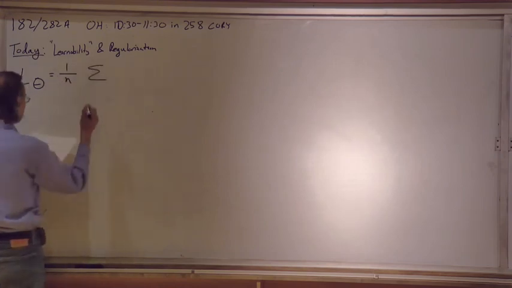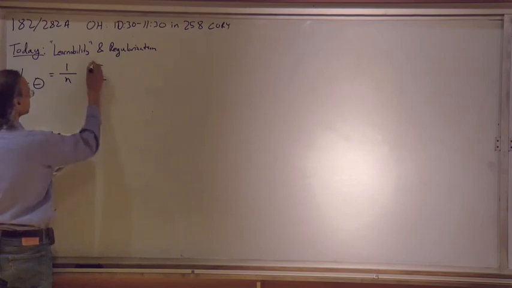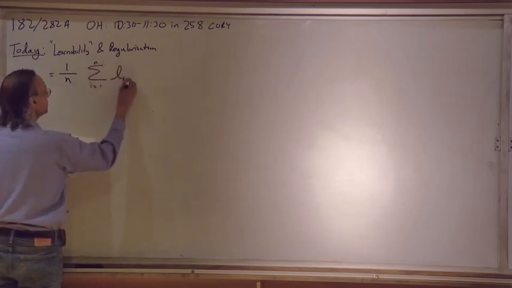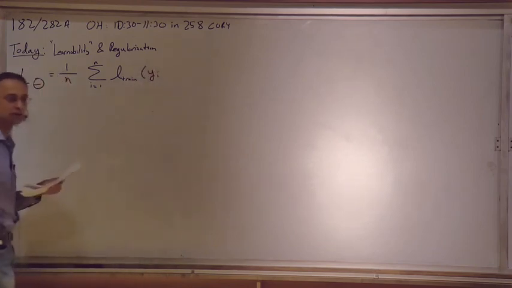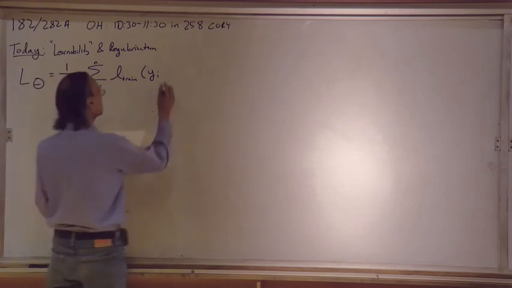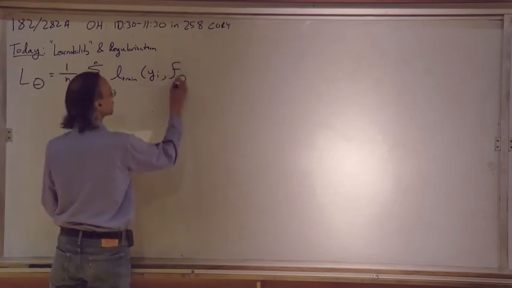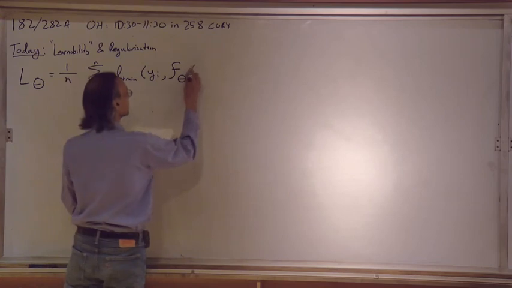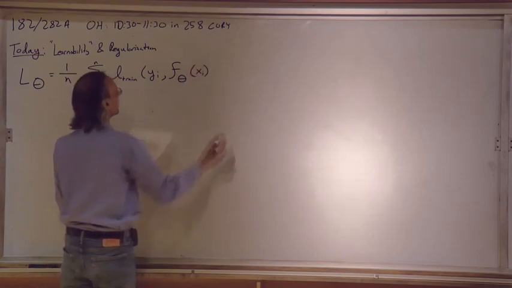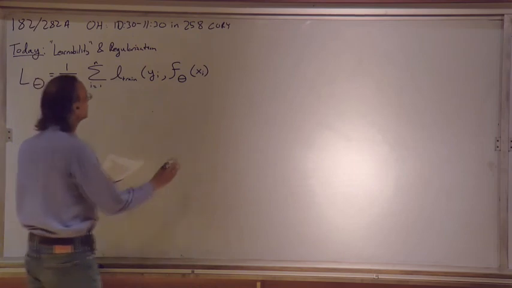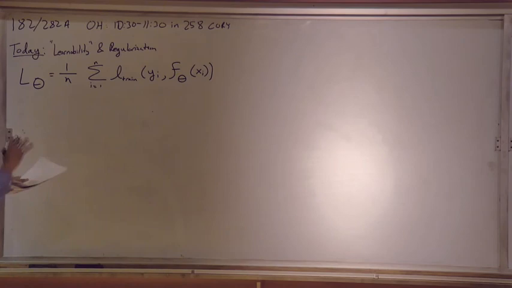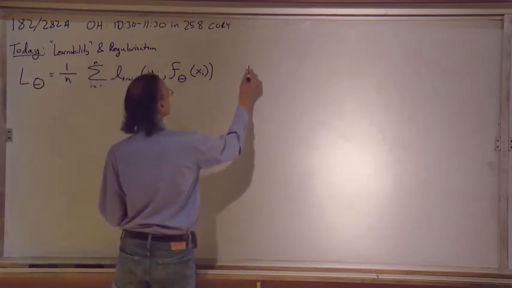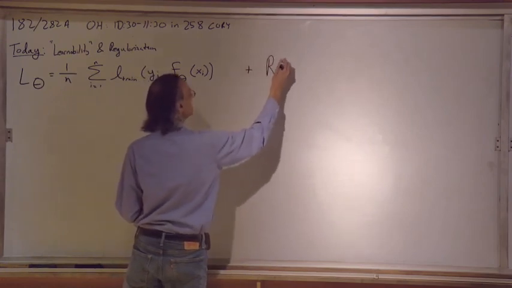It's the sum over all the training data of some training loss, comparing some label associated with the ith data point and your parametric function that you're learning, f theta, evaluated at the training input xi. This is the standard loss without the regularizer, and you can add a regularizer to all of this if you want.